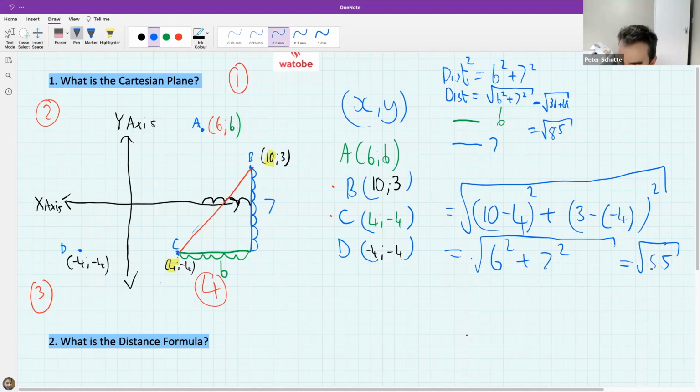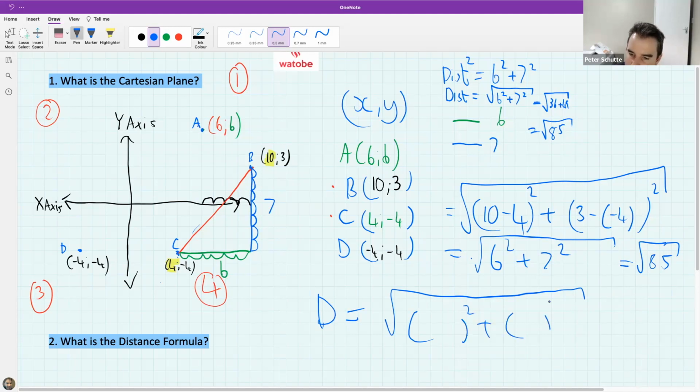Okay, so from this idea, we develop a formula which is just that we say this squared plus this squared, and inside of that, we have the distance between the x coordinates and the distance between the y coordinates. And that will give us the answer to this question.